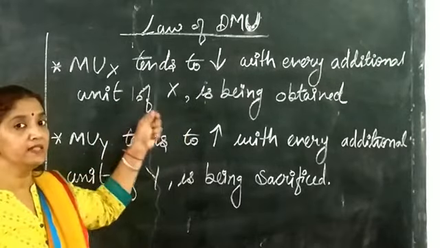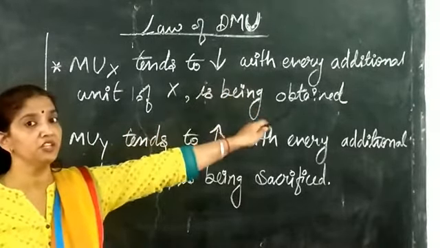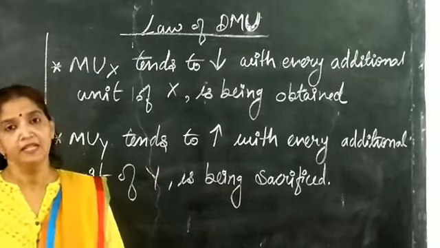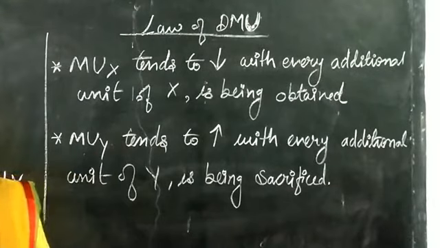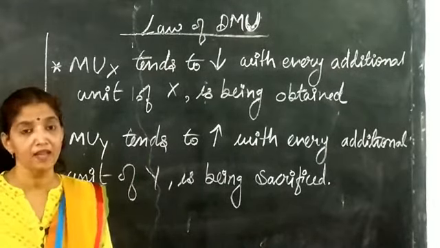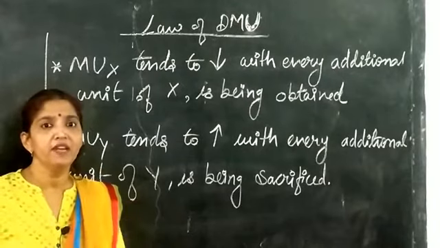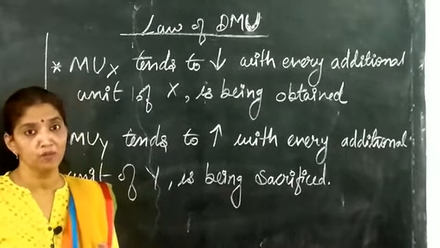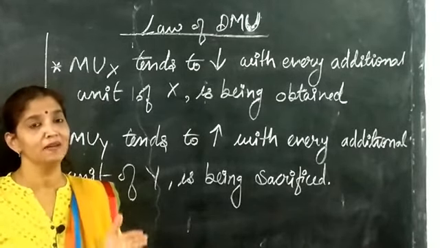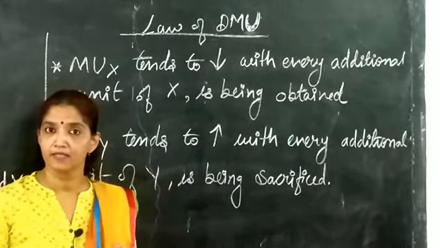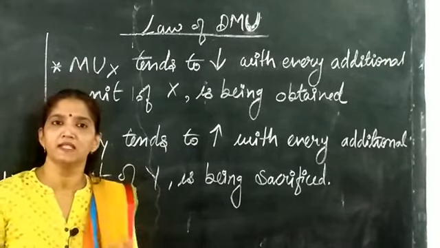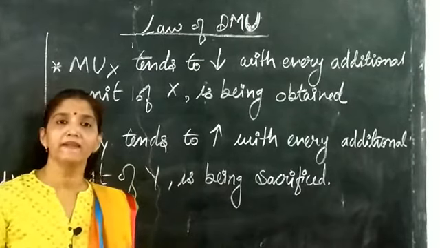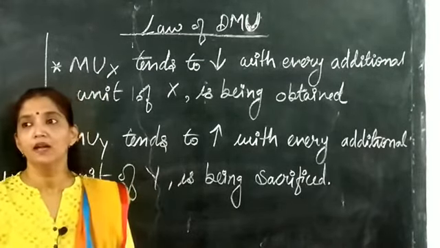Marginal utility of X tends to decline with every additional unit of X being obtained by the consumer. जैसे जैसे कंज्यूमर अपने कंजम्पशन में X को और ज़्यादा ऐड करता है, with every additional unit obtained by the consumer the marginal utility of X will tend to decline. जैसे जैसे हम कोई भी चीज़ को ज़्यादा से ज़्यादा कंज्यूम करेंगे, कंटिन्यूसली हमारा कंजम्पशन उस कमोडिटी के लिए बढ़ेगा, उससे मिलने वाला सेटिस्फैक्शन हमारा रिड्यूस होगा.